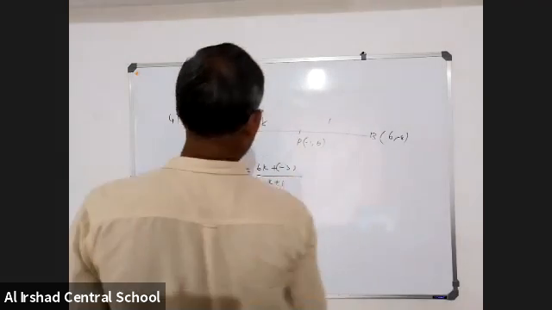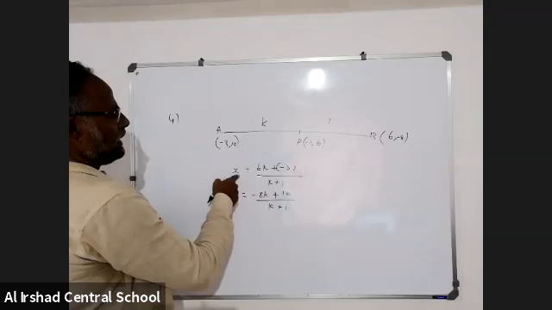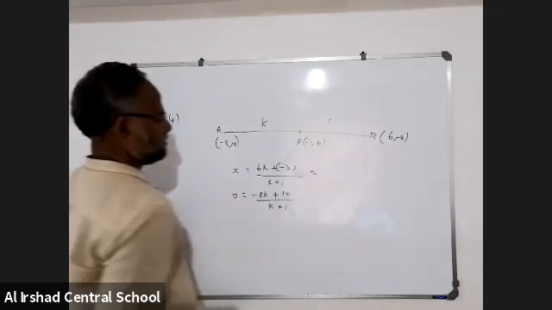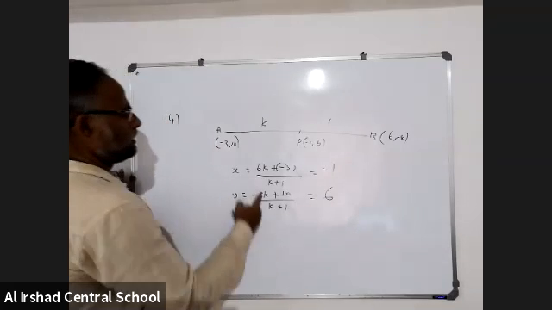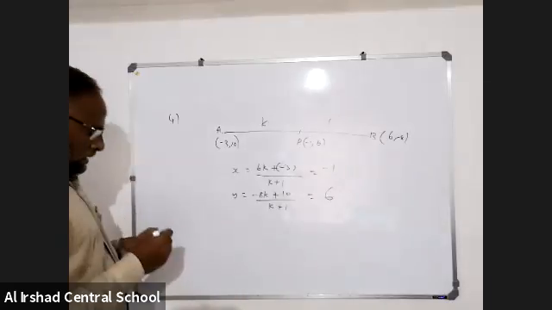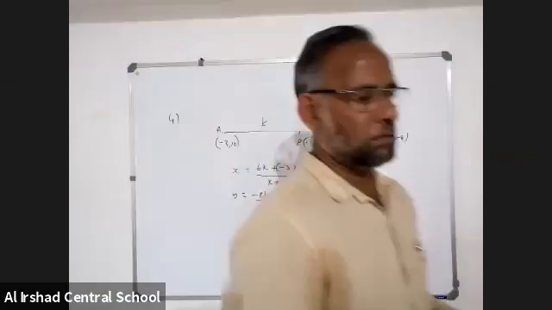Now, this I can understand. What is your X? Tell me. What is your Y? Tell me. -1. This is 6. Now make the equation and try.